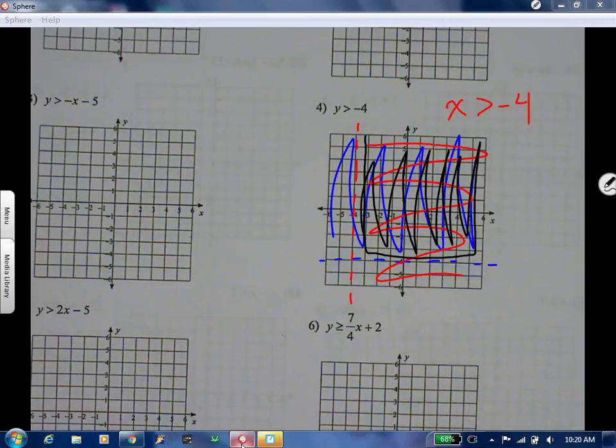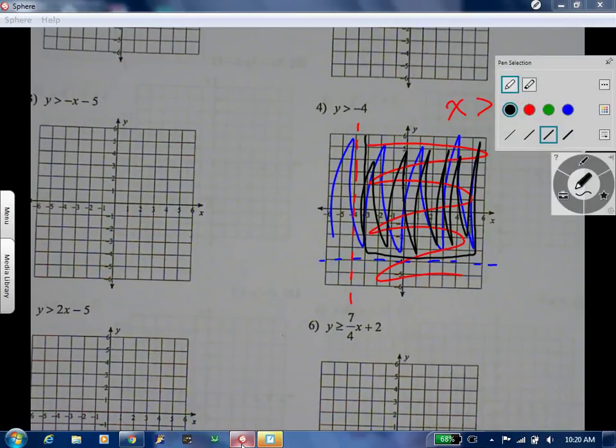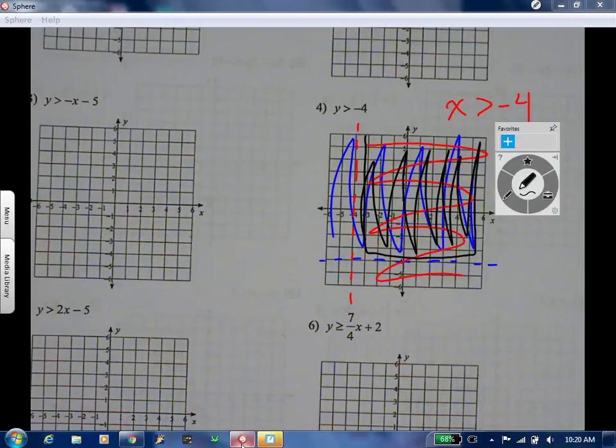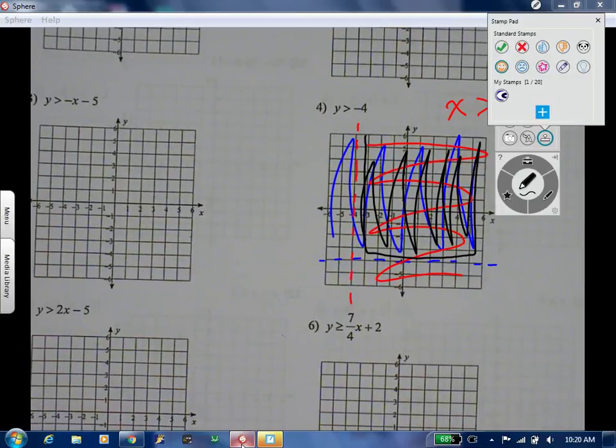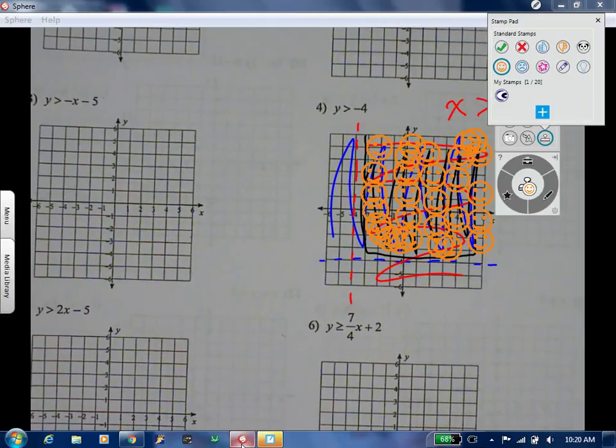Let's shade a little more. There we go. Nice, nailed it. Can I do that? That's my favorite though.